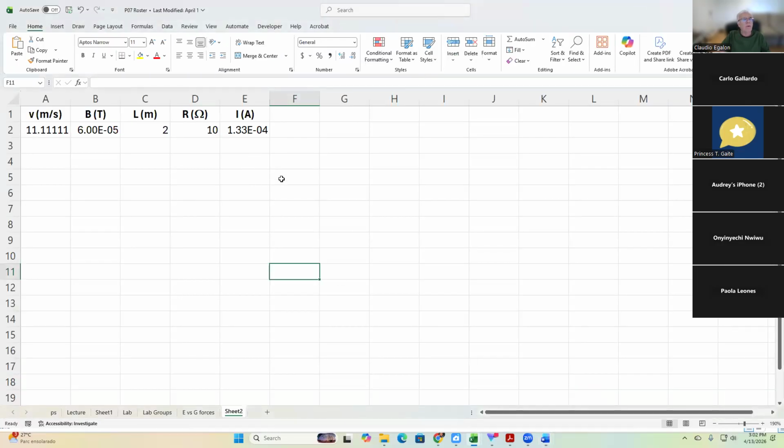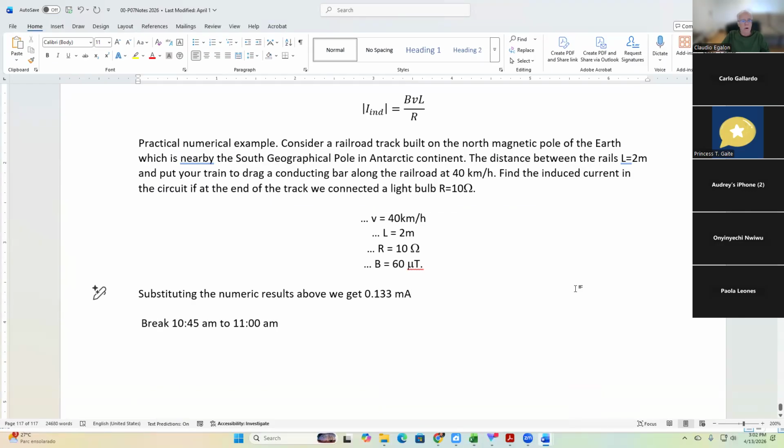Yeah, 0.133 milliamperes. Current in our regular circuit is up to 10 milliamps, 100 milliamps. That's the current that you should expect in regular electronic circuits, not more than 100 milliamps.